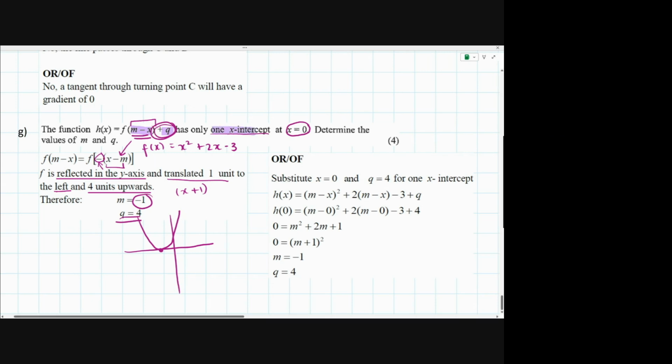So this one x-intercept meant the turning point needs to be on the x-axis. This at x equals 0 means that it needed to move over to the origin. And then you can start to put in place all the transformations that needed to happen in order for you to get the graph that you wanted.